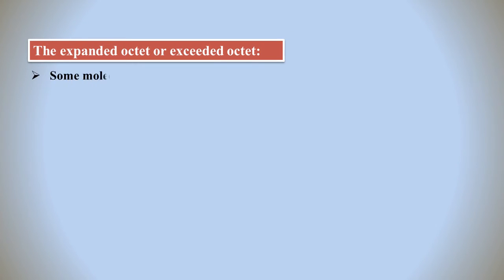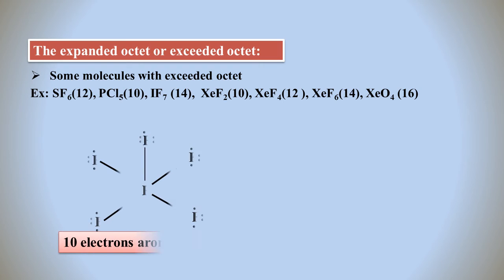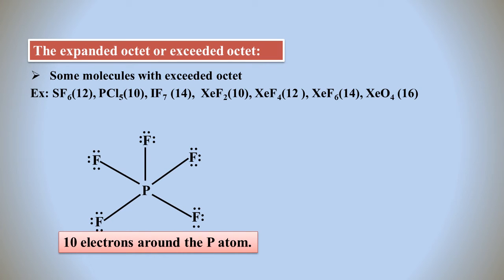We have some molecules with an exceeded octet. It's an exception. Please study these examples very hard. We have PF5. What do you think about this drawing? We have here 10 electrons around the P atom.